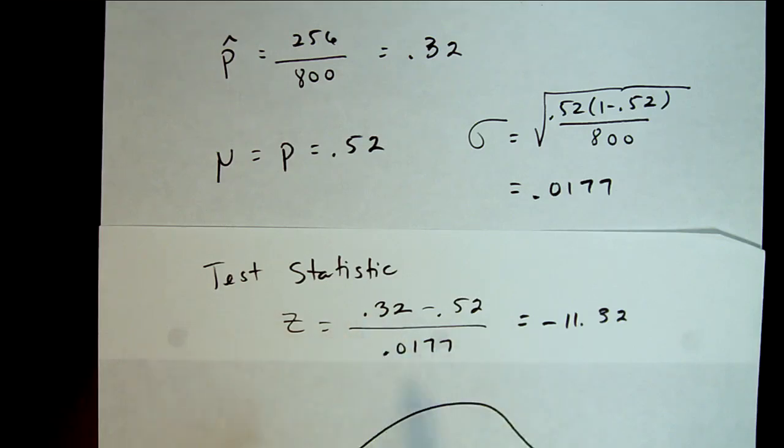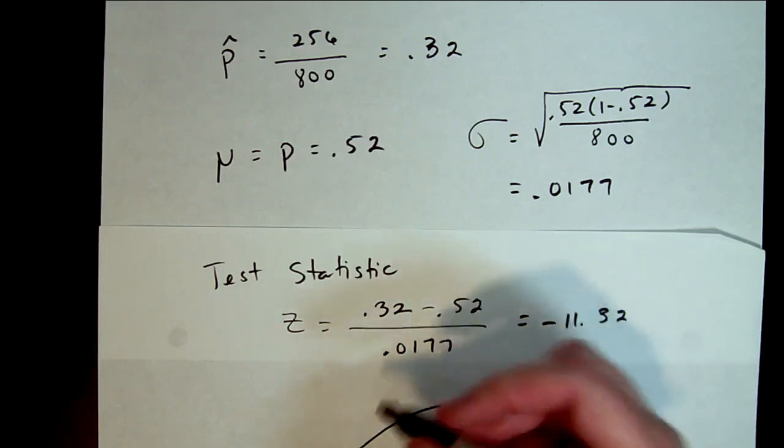Now we're interested in the probability of having a point estimate that was this far off the mean. There's a certain difference between the point estimate and our assumed mean. We want to know how likely it is that we'd get a point estimate that far off.